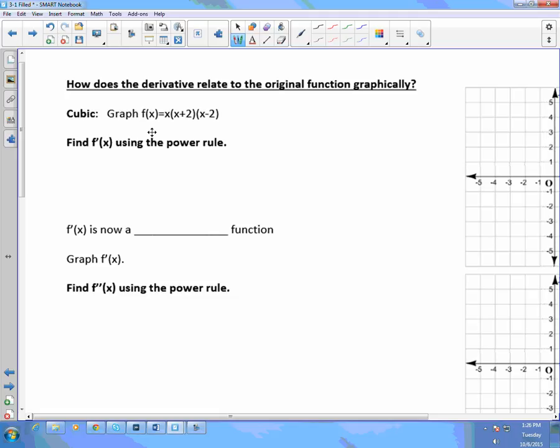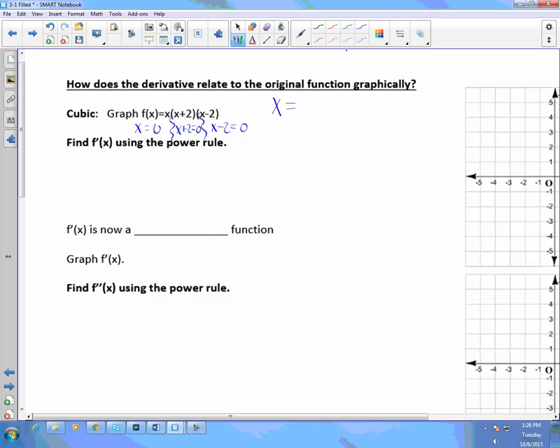Ready? The x-intercepts. Remember, solutions, zeros, roots, x-intercepts. Think of the zero product property. Each factor equals 0: x equals 0, x plus 2 equals 0, and x minus 2 equals 0.